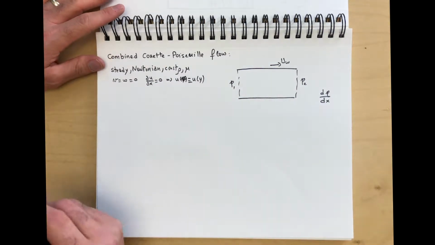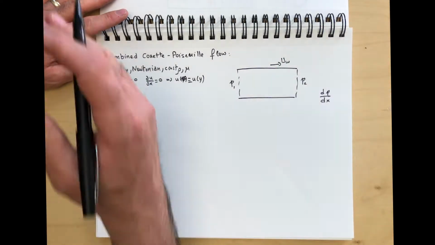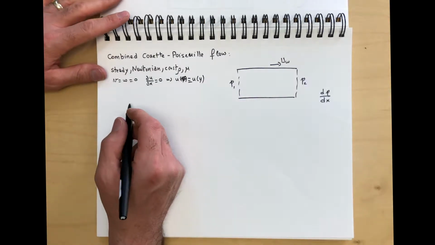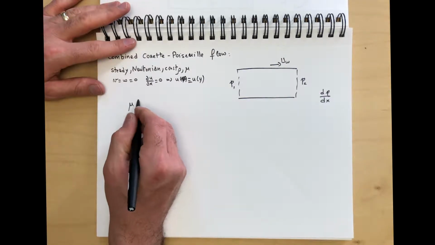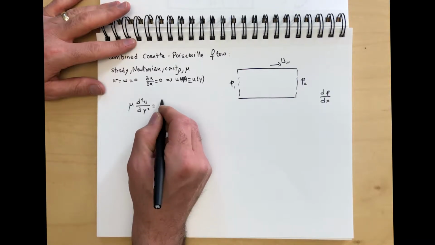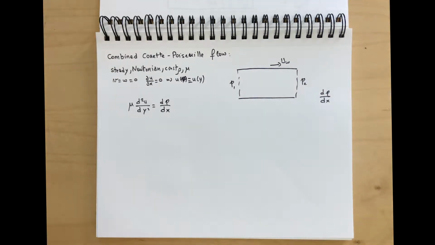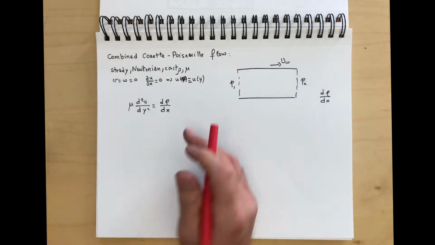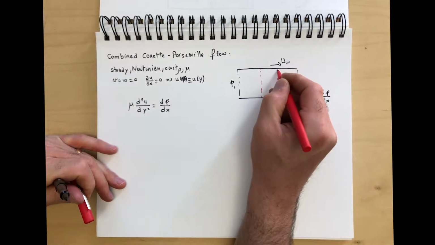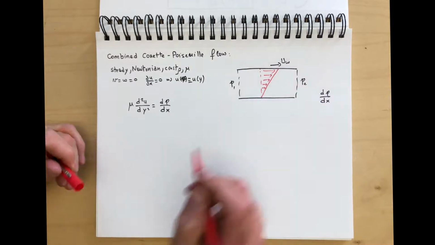We simplify the x momentum equation, as you see in the previous example on the Poiseuille flow, and that gives us the following equation: mu d2u by dy squared equals dP by dx. So what do we expect here when we want to sketch the flow? Well, if we didn't have any pressure gradient, the flow is going to look like this, just a linear profile.